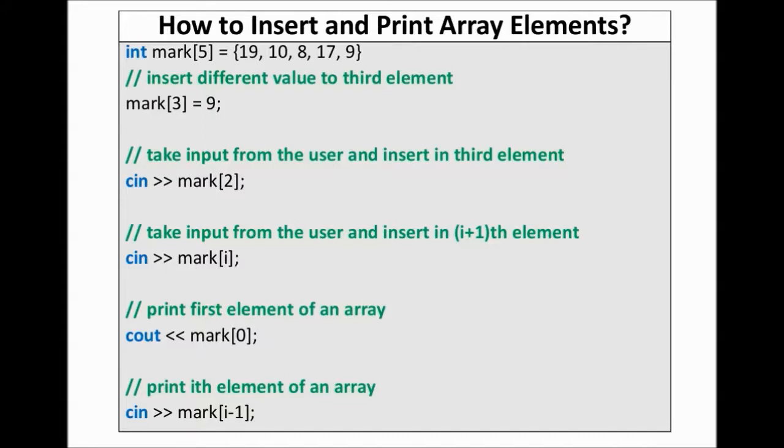So this line prints the value stored at the first element of the array. And if we want to print the last element of an array, then we write cout << marks[i - 1], where i is the total size of the array.